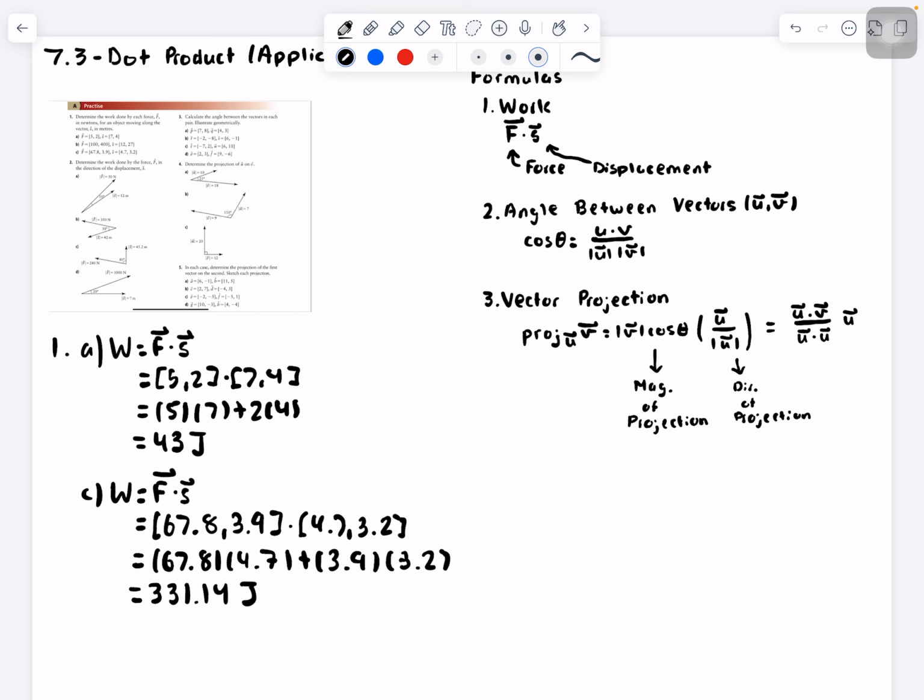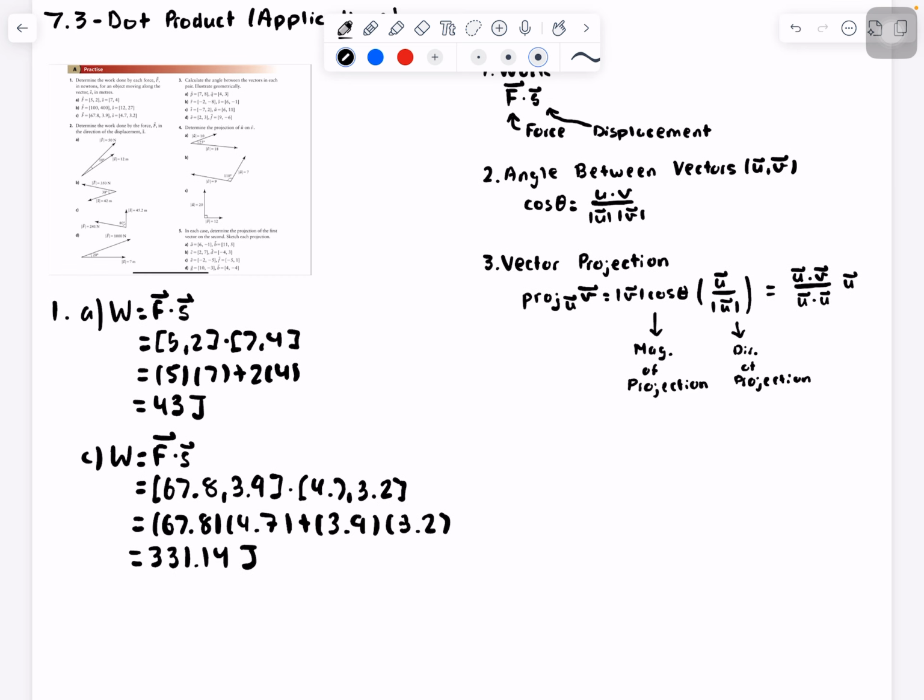Okay. Moving on. Let's do question 2. Determine the work done by the force in the direction of the displacement. Nothing really changes here. It's the same formula, but instead of using the Cartesian form of the dot product, this time we use the geometric form of the dot product.